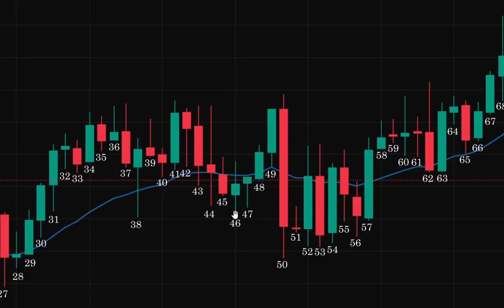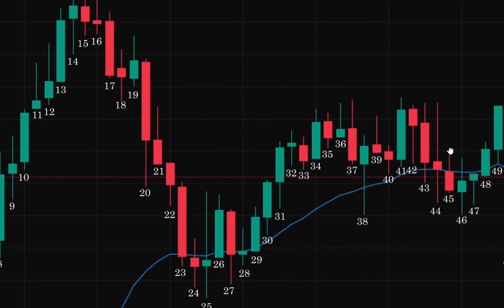See, sometimes this happens: bar 46, then bar 47, 48 and 49. So now we think that this is a very good move in an upside direction. We don't know what will happen from here. From here you will think that there are chances it will break out, but you can see that the high of bar 41 has not broken, and the bar 37 high has not been broken.